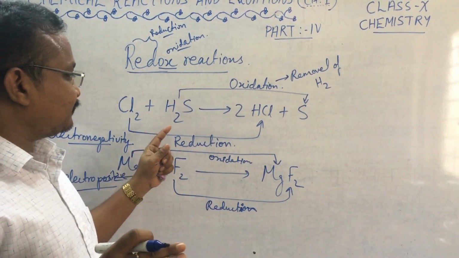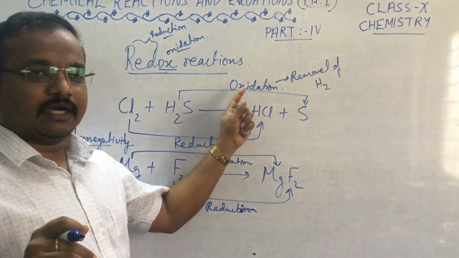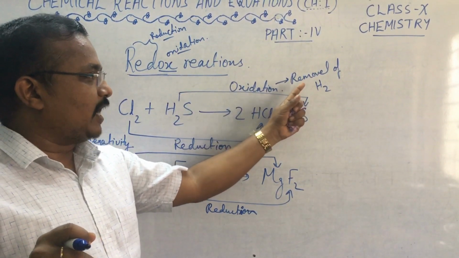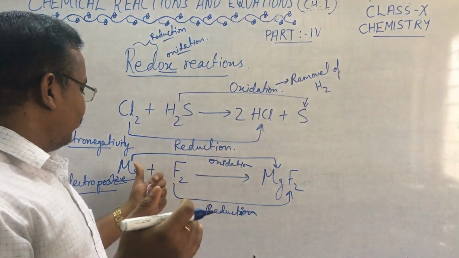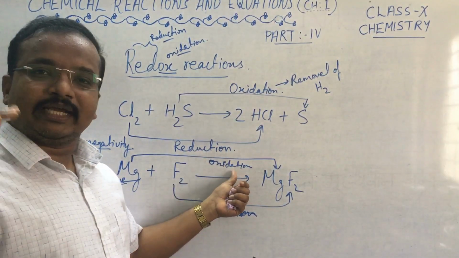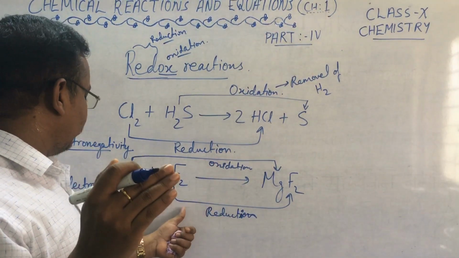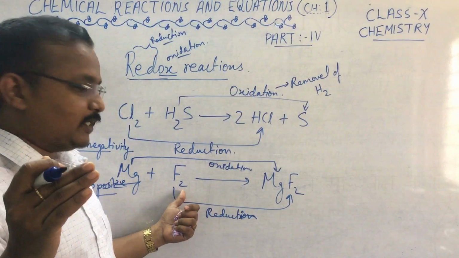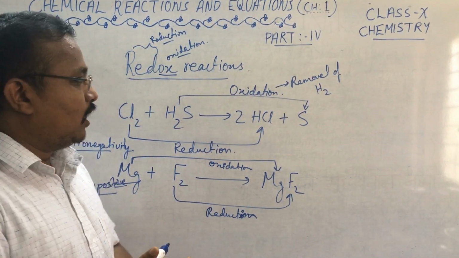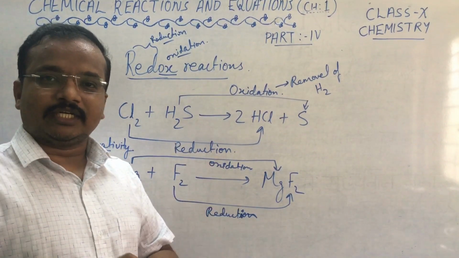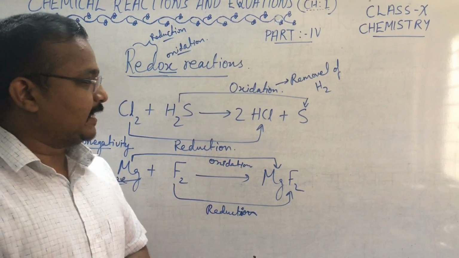What else have we discussed? Addition of oxygen or removal of hydrogen is called oxidation. You can also add that addition of an electronegative element is also oxidation, and addition of an electropositive element into a species is called reduction. So oxidation and reduction together we call redox reactions.